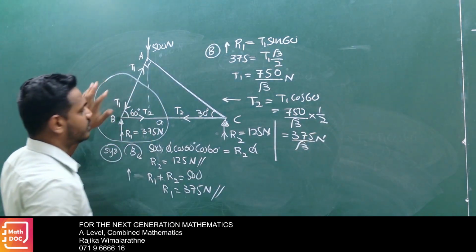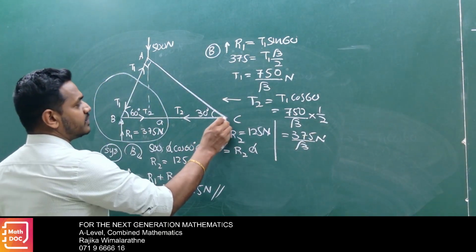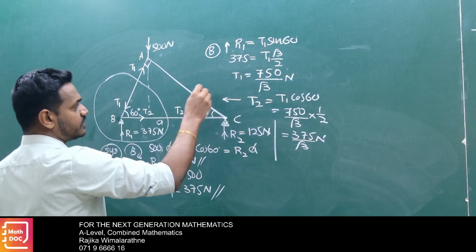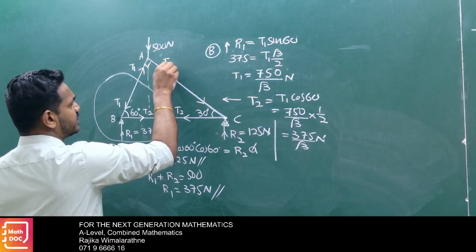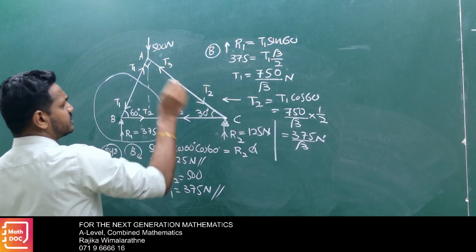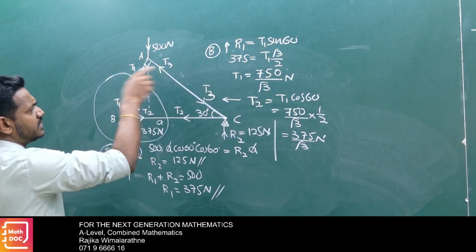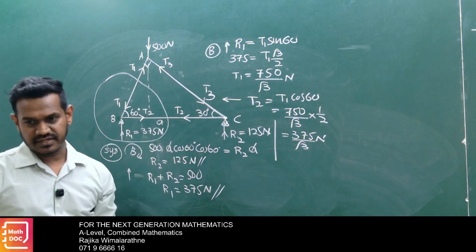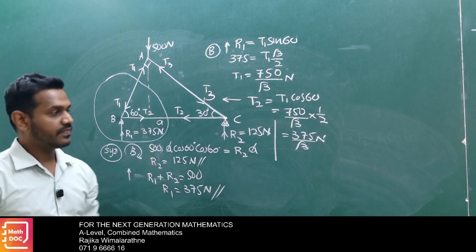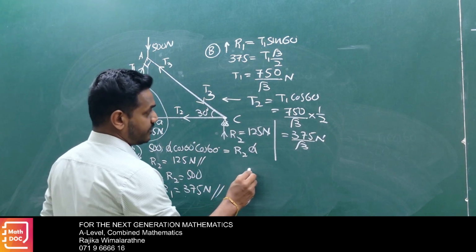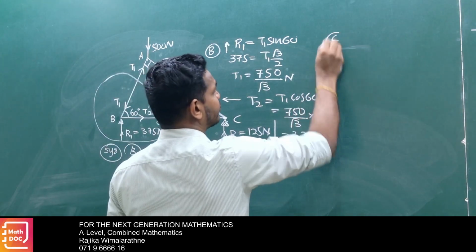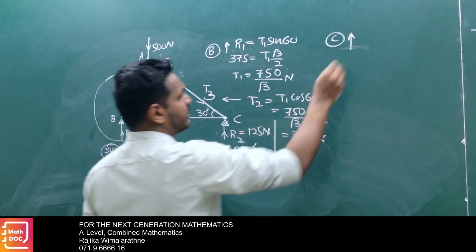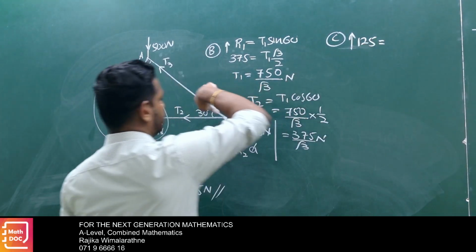Now we have T1, T2. Then for vertex C, to cancel this vertical force, we need a downward force. You mark here T3. Previously we took T1, T2 as the same forces. Now here the inclinations are different. Consider vertex C. Vertical upward force 125 equals T3 sin 30.